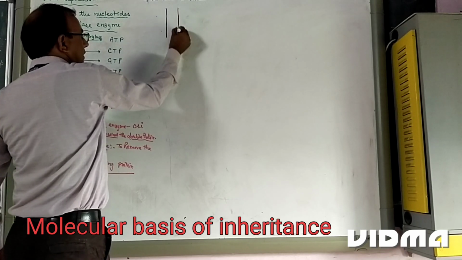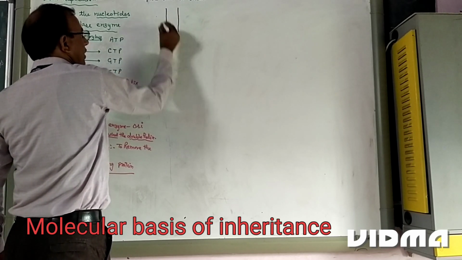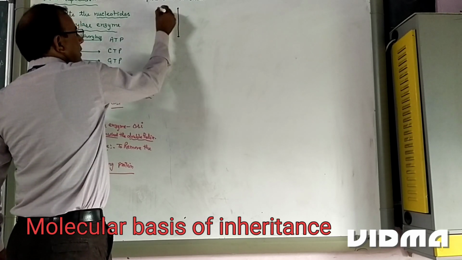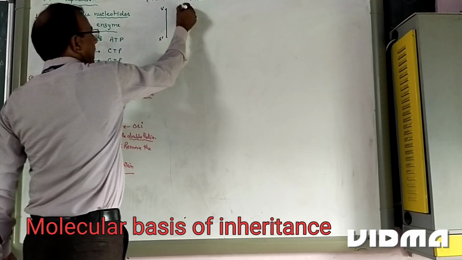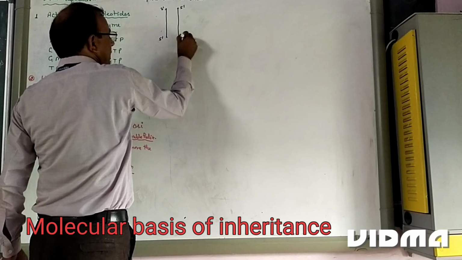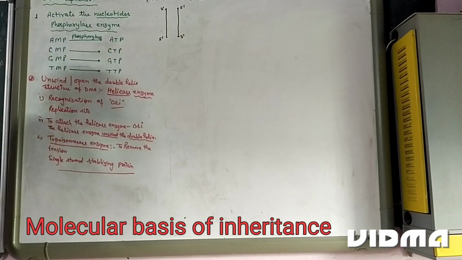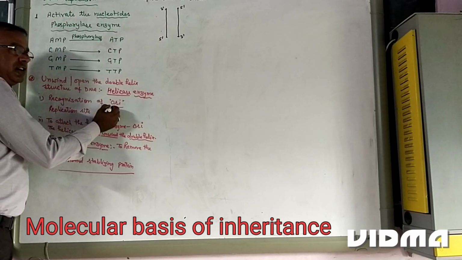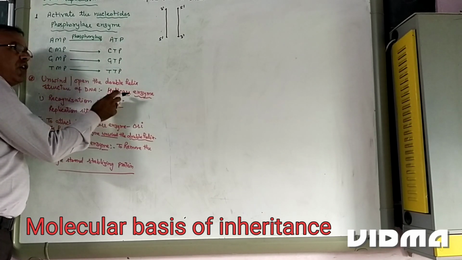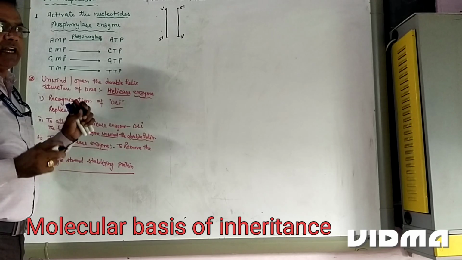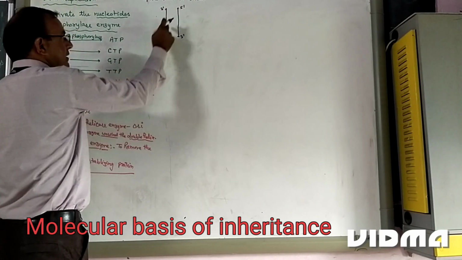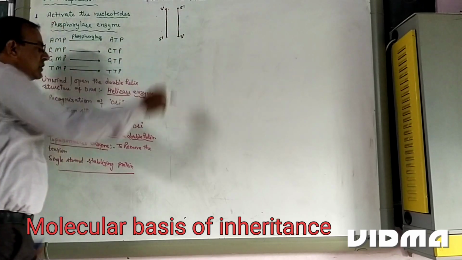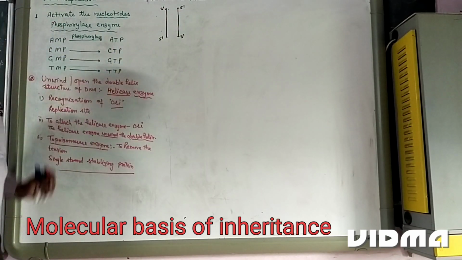DNA is a double helix structure which has polarity 3' to 5' in one strand, and 5' to 3' in the second. First of all, we recognize the ORI, the origin of replication, the site from where the replication starts. And we attach the helicase enzyme. This is recognizing the site on the linear DNA.